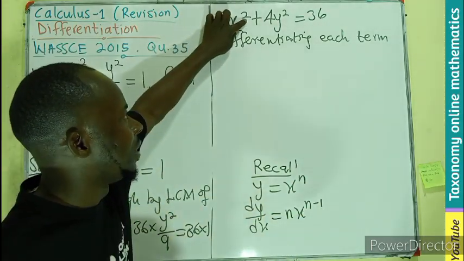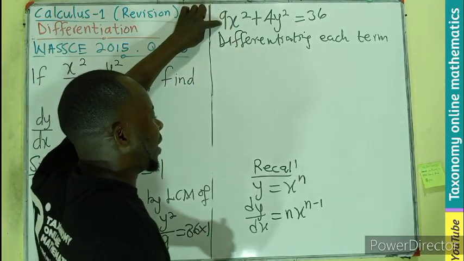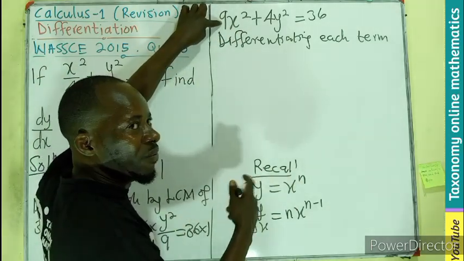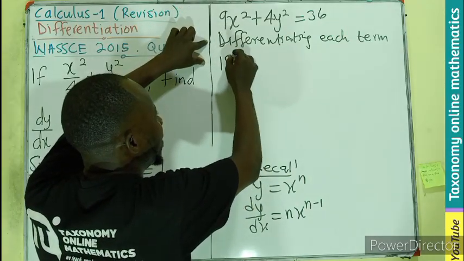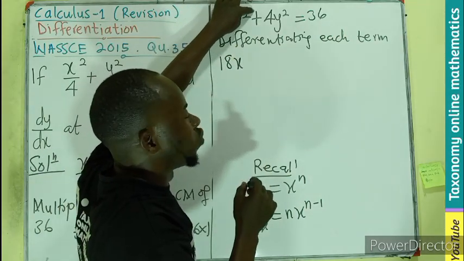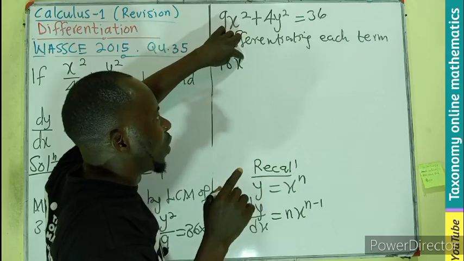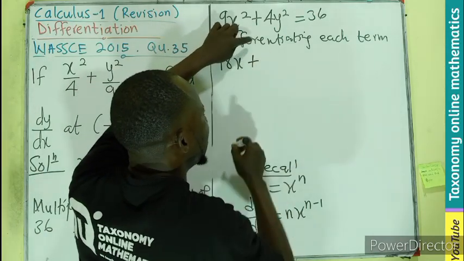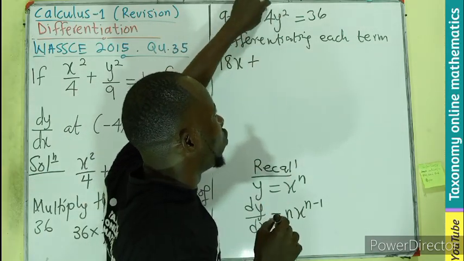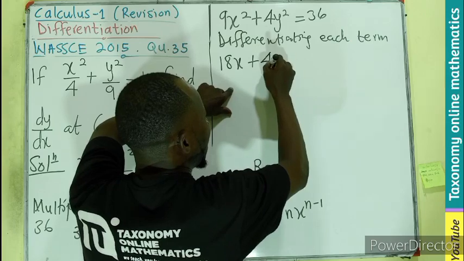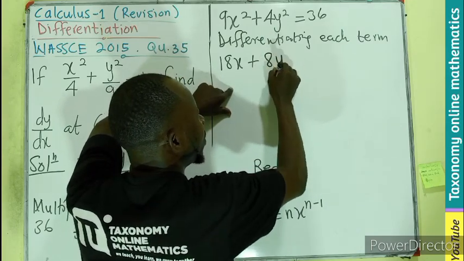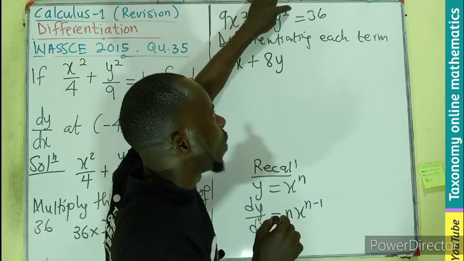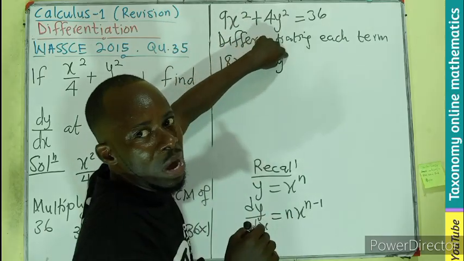So in that case, this 2 will be multiplying this. Don't forget, we are doing the differentiation with respect to x. So that gives us 18x, 2 minus 1 is 1, so we maintain the 1 there, plus here we are having the 2 coming forward to multiply. That gives us 4 times 2, that will be 8, then y squared minus 1 gives us y to the power 1.